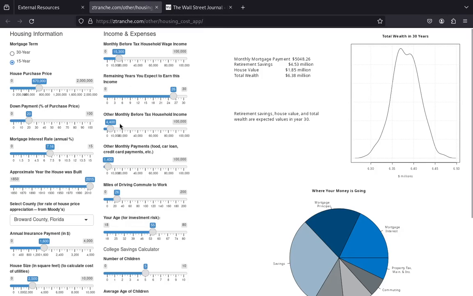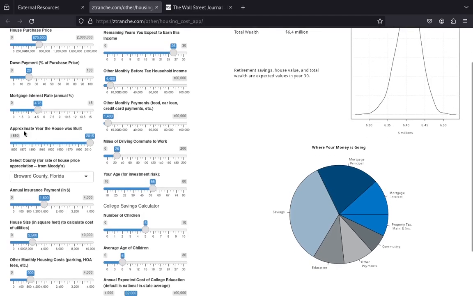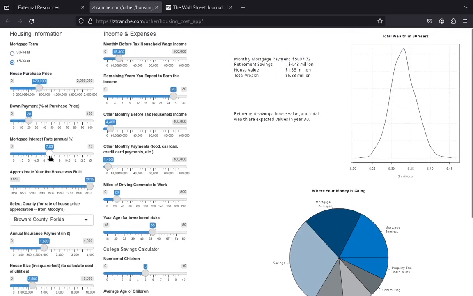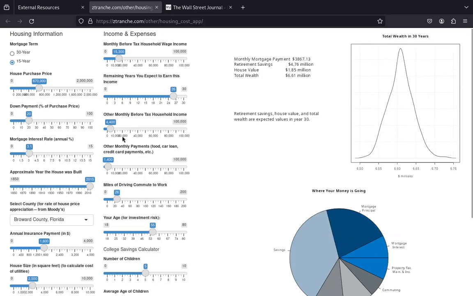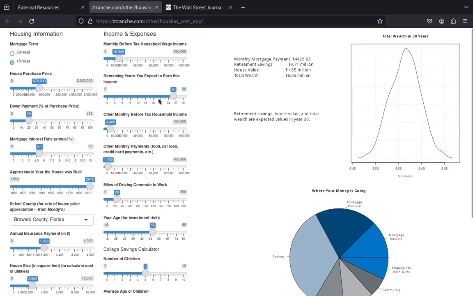It'll help you get an idea for what factors matter. We know mortgage interest rate is going to have a huge effect, but this will give you distinct quantitative measures of what my retirement will be at 7%, what it will be at 3%, right? So if you get a chance, check it out.